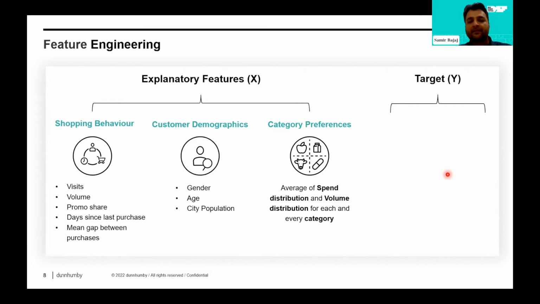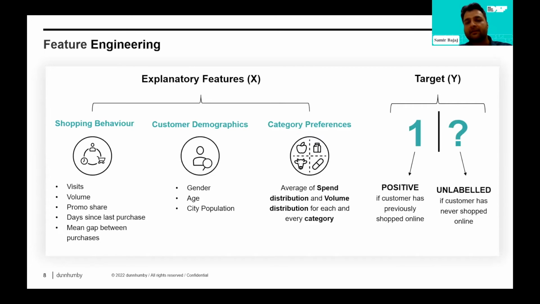The rationale behind it is that some categories are volume heavy products, which have a low price per unit, like face wipes, and some are spend heavy products like fragrances. They are bought in less quantity, but their price per unit is very high. So common practice at Dhanambi is to do a simple average of spend share and volume share, so that the effect of either spend heavy or volume heavy does not distort the resultant feature.